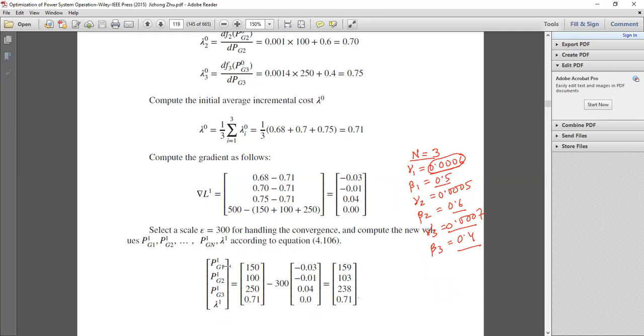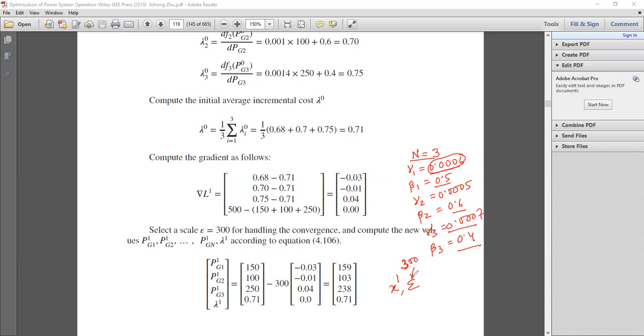So now you have the updated values of your x. That means you have x of 1 available with you. You know your epsilon; this is fixed at 300. In the last class, I said why we can get away with this fixed value of epsilon in the gradient descent method.